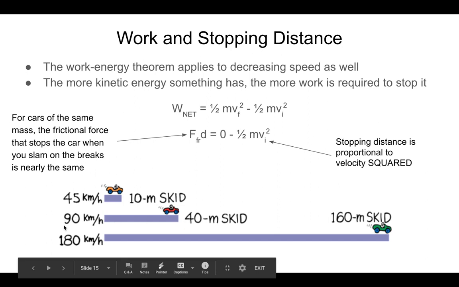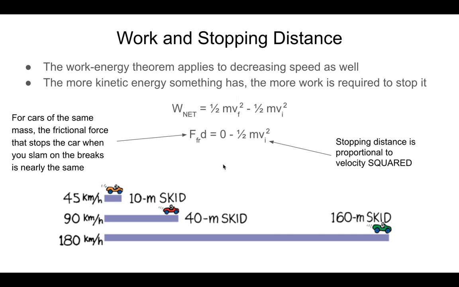If we again double to 90 kilometers per hour, we have to quadruple the displacement it takes to stop. So we go from 40 meters of stopping distance to 160 meters of stopping distance. So you can see when you double that velocity, you're quadrupling the work required to stop that car. And since the force is nearly the same, what you're doing is quadrupling the stopping distance.